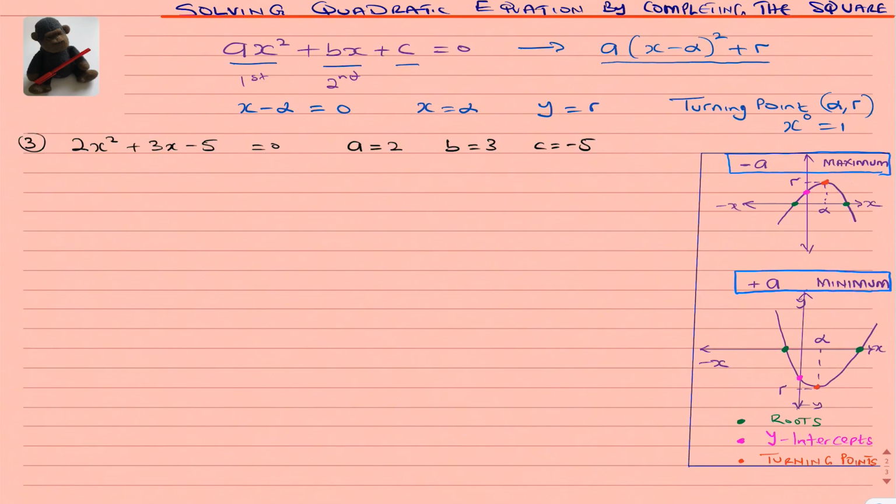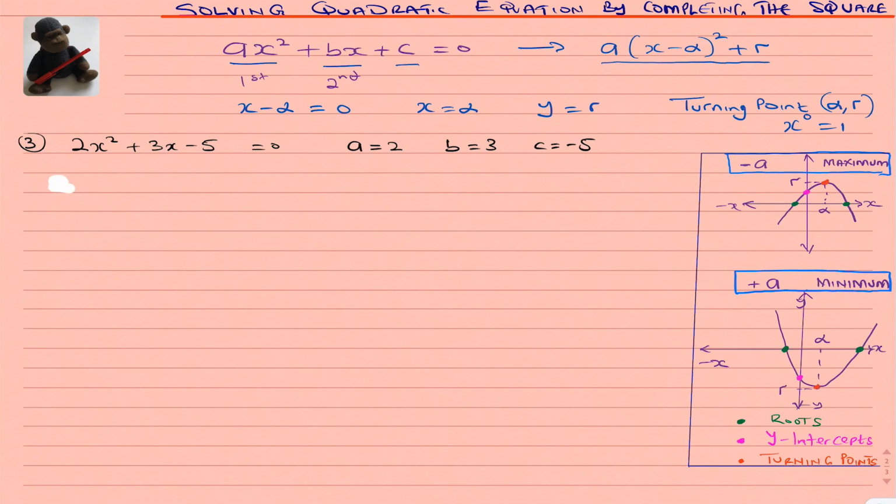Example 3, where a is greater than 1, a equals 2 in this case. Hence, because a is greater than 1, this equation is not prepared for completing the square, so we need to prepare it. That means we need to make a 1. In order to do that, we need to take out 2 from both the first and second terms.